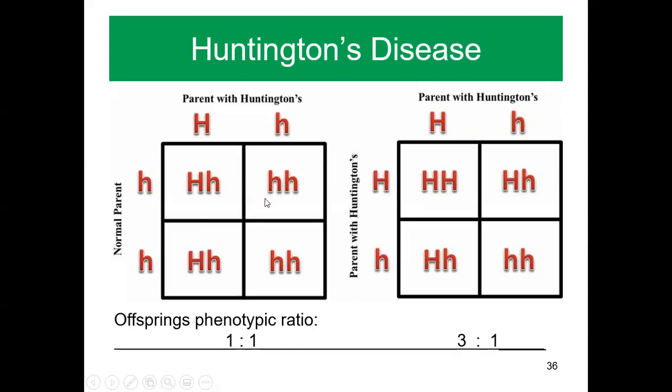These two will get it, these two will not, so it's 1 to 1. Then for this cross, both parents are heterozygous dominant with Huntington's. So the chance of offspring getting Huntington's is 3 to 1. Okay, so this is how you calculate the ratio.